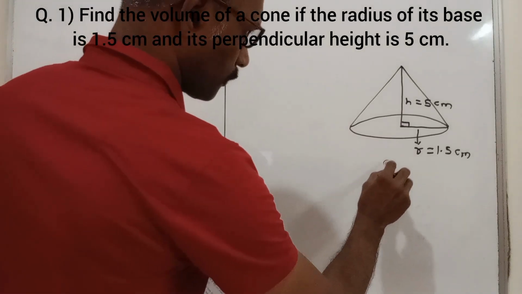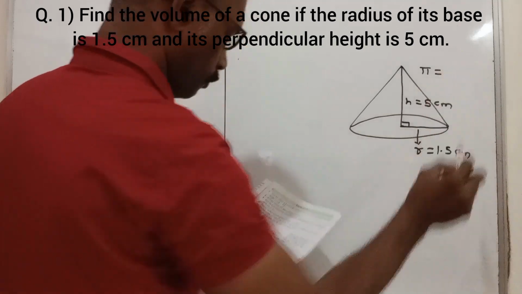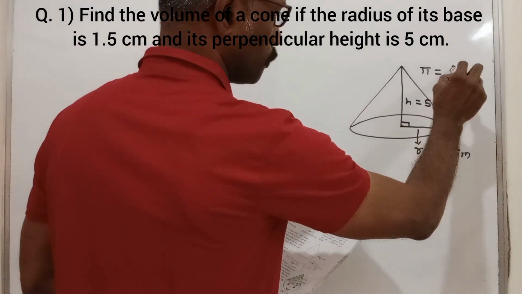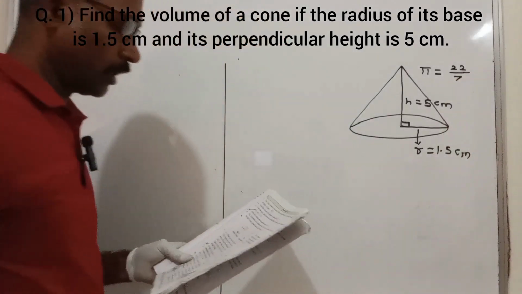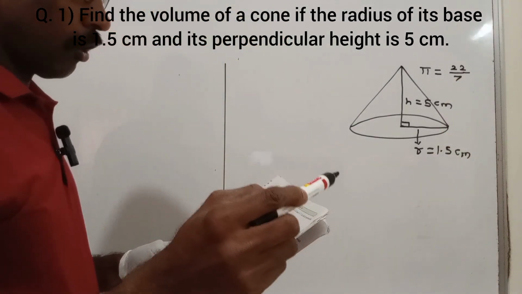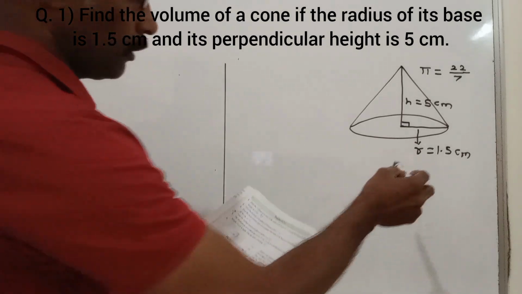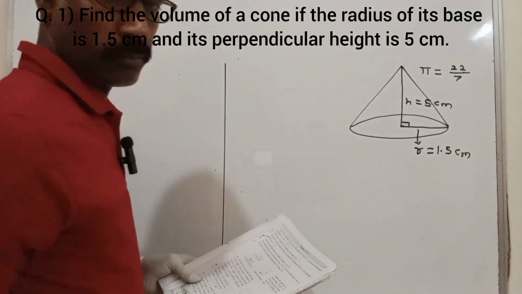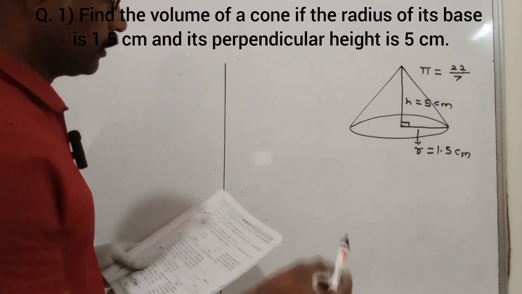Now here pi is equal to 22 upon 7. Okay, find the volume of a cone. Radius and height are both given and the value of pi is also given.